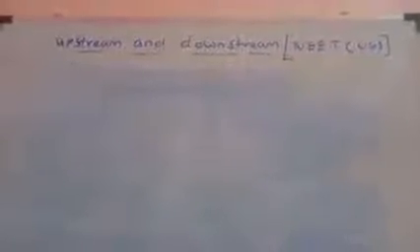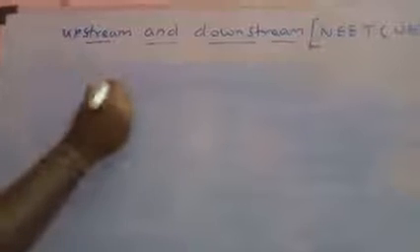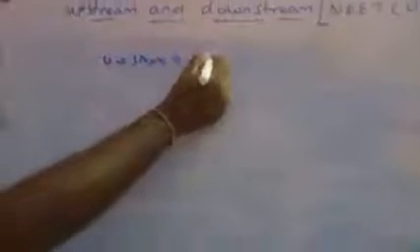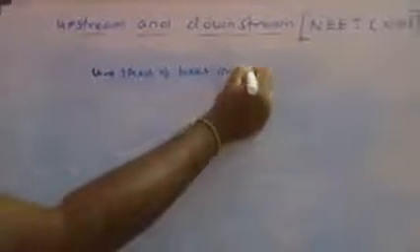Here, u is the speed of the boat in still water, and v is the speed of the stream.